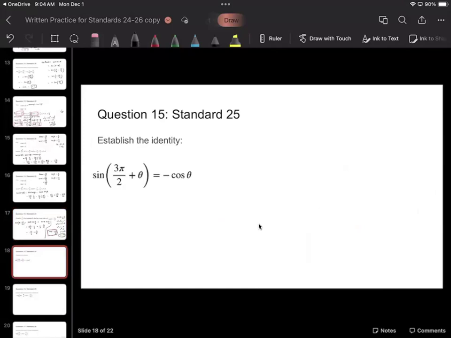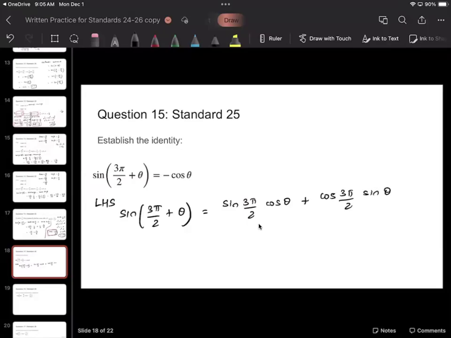Okay, to establish the identity, I start with the left-hand side: sine of 3 pi over 2 plus theta. The sine sum formula is sine A cosine B plus cosine A sine B. What is sine 3 pi over 2?